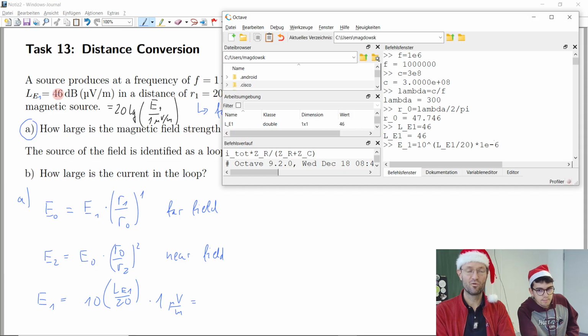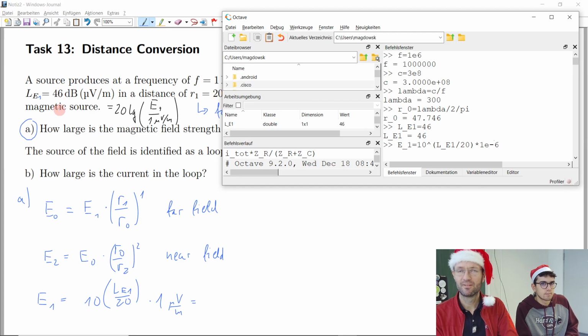6 dB for root power quantities like an electric field strength means which factor? If you increase something by 6 dB, how much larger does it get? Say again? 1 million?